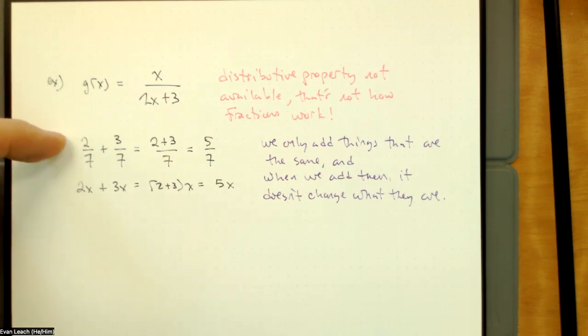In fractions, denominator is sameness. So when we have x over 2x plus 3, I can't split the x over the 2x and then have an x over 3, because that's not how we add fractions. So the distributive property is not available for the 2x plus 3.